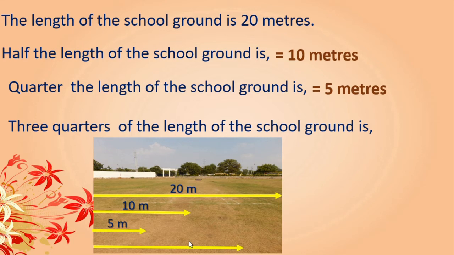Whichever is easy for you, that you can follow. Here the 3/4 is nothing but 15 meters. Isn't it? 5 threes are 15, or 20 minus 5 is also 15. So the answer is 15 meters. Got this?